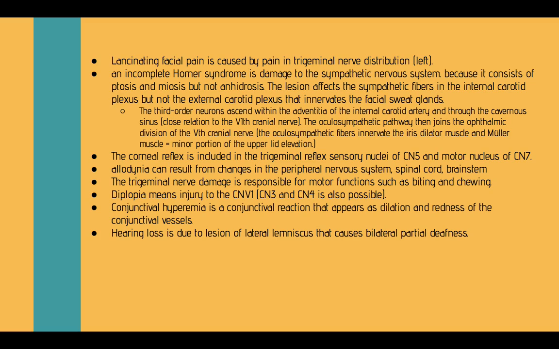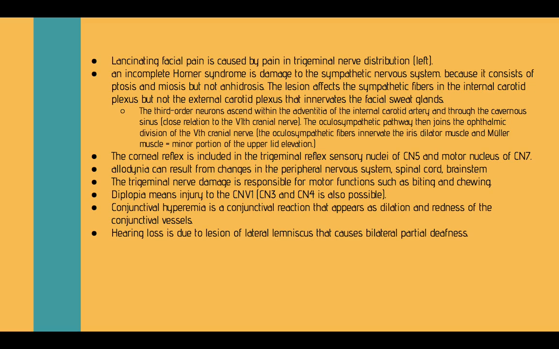And the corneal reflex is included in the trigeminal reflex: the sensory nuclei of CN5 and CN7, the facial nucleus. And the allodynia results from changes in the peripheral nervous system or the spinal cord and brainstem. The diplopia means that injury to CN V1 on CN3 and CN4 is also possible, but it's not as common.